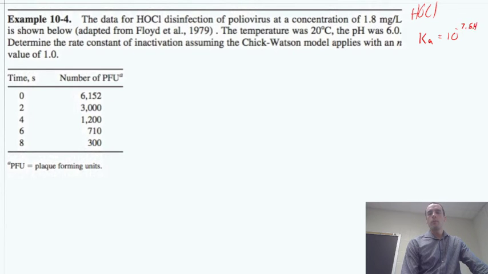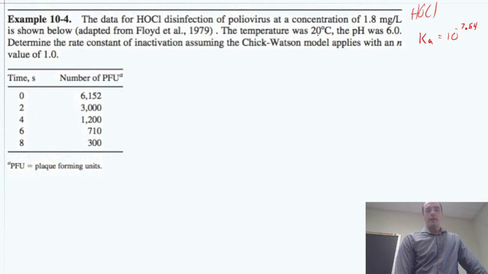There's probably a lookup table somewhere, or we could look up, I guess it's probably the Arrhenius equation or something, that we could find this equilibrium constant based on the temperature. I'm not going to go into that depth about it. So let's just use Ka as 10 to the minus 7.54.